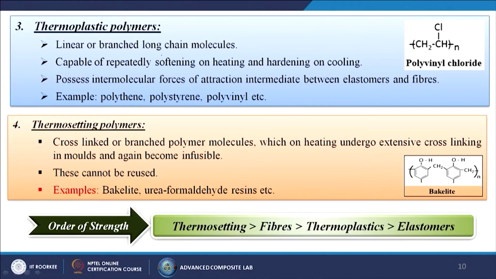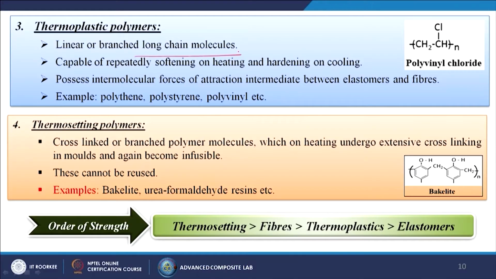Next, we are going to discuss the thermoplastic polymers. Generally these polymers are linear or branched long chain molecules capable of repeatedly softening on heating and hardening on cooling, possessing intermolecular forces of attraction intermediate between elastomers and fibers. So, as a basic idea, thermoplastic polymers are something like this: if we give a shape and then after that we give it heat, it can again melt and again we can give it heat.